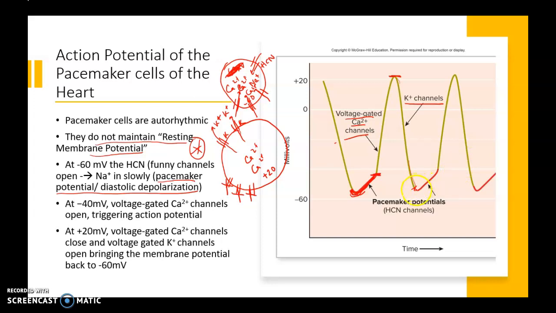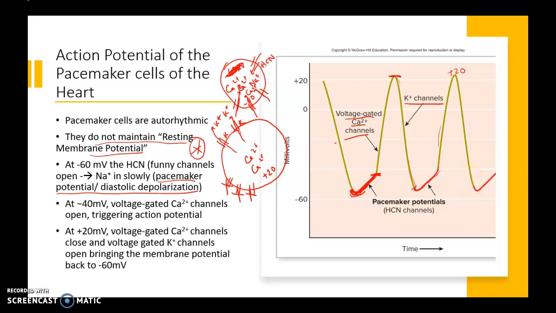Sodium enters slowly through these HCN channels, and then once the membrane potential reaches -40, you have the voltage gated calcium channels open, and calcium rushes in, causing depolarization up to +20. At this point, the voltage gated calcium channels close and the voltage gated potassium channels open, resulting in repolarization, and the process is repeated over and over.